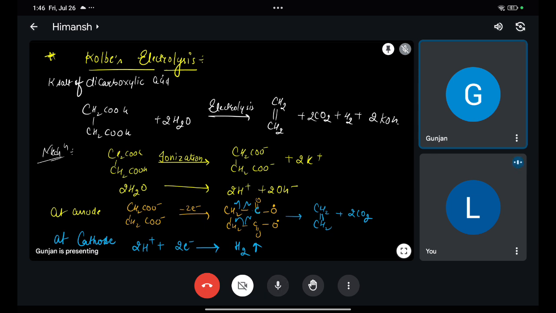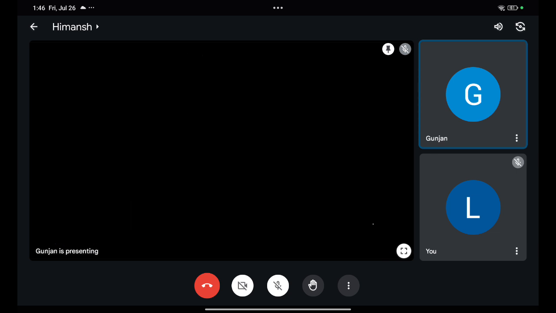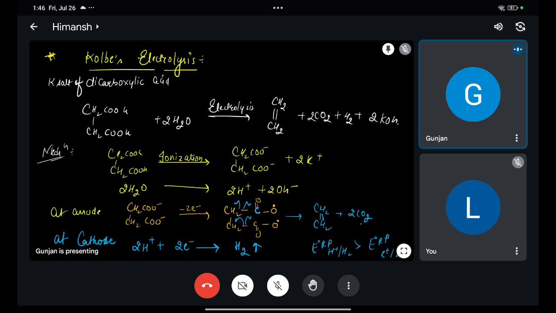Because the E0 reduction potential of hydrogen is higher than the E0 reduction potential of potassium. Got it, Himansh? Yes, ma'am, got it.